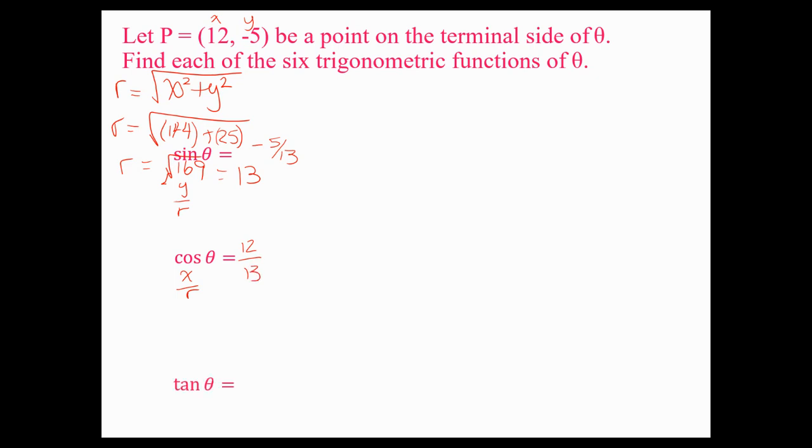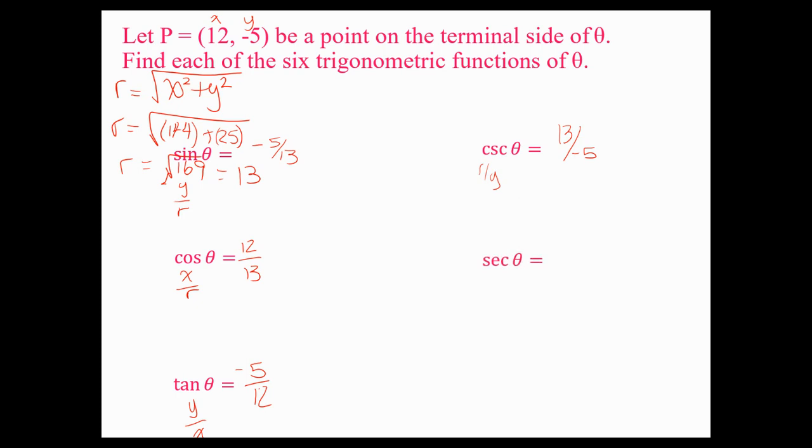And my tangent is going to be my y over x, which gives us negative 5 over 12. Notice what's interesting here is now cosine is what's positive and everything else is negative, which is interesting to know, and that we're in the fourth quadrant. So if I use my reciprocal identity, I know I have r over y, which is going to give us 13 over negative 5.